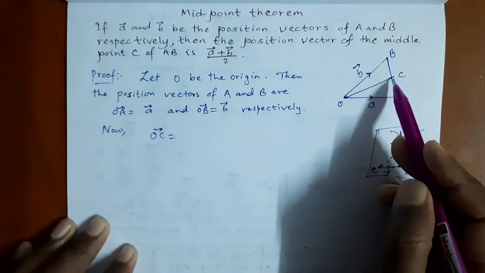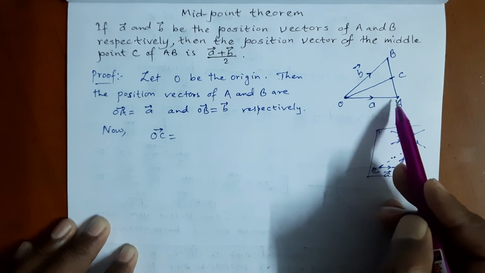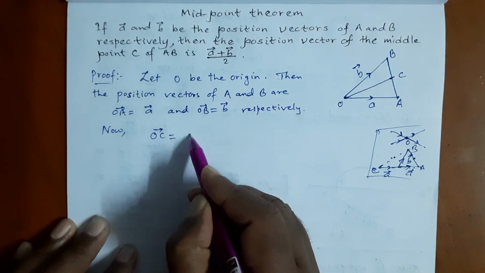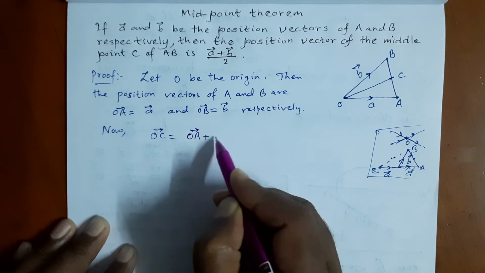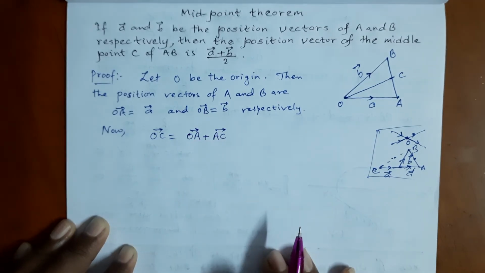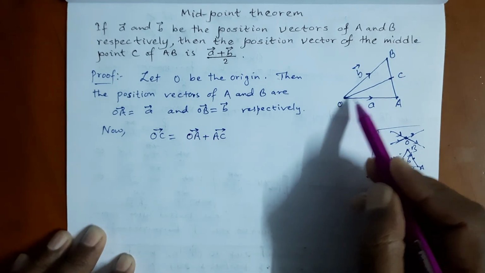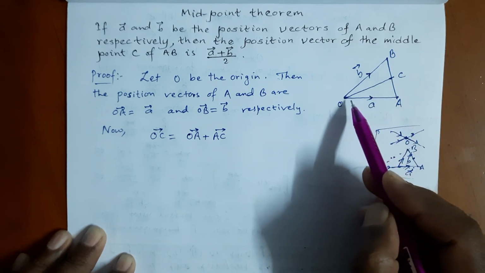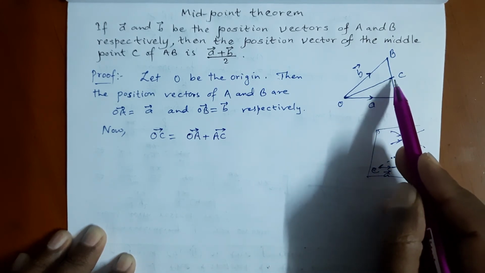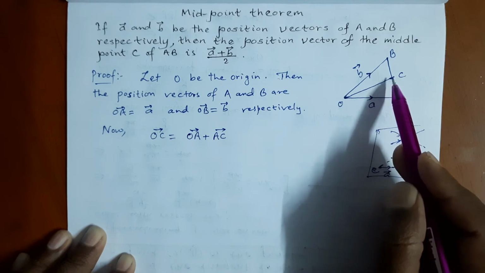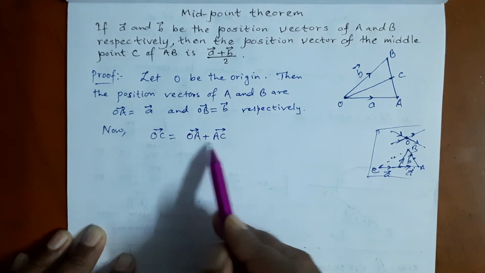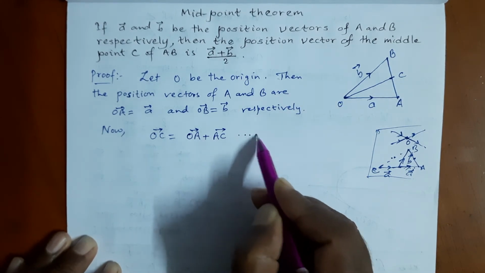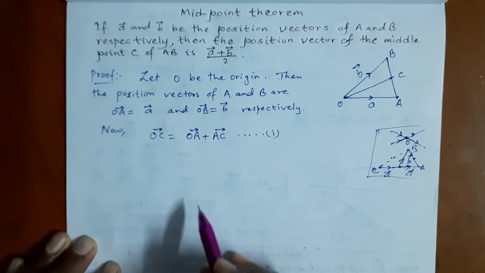Going from O to C is the same as going from O to A and A to C. So OC vector equals OA vector plus AC vector, because while going from O to C we reach the point C, and while going from O to A and from A to C we also reach the same destination C. Suppose this to be equation 1.